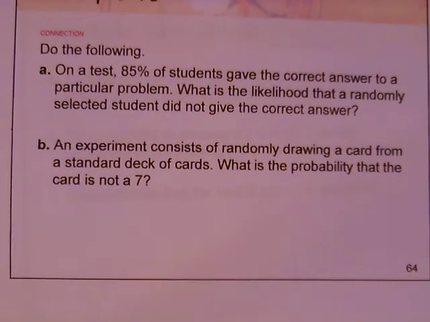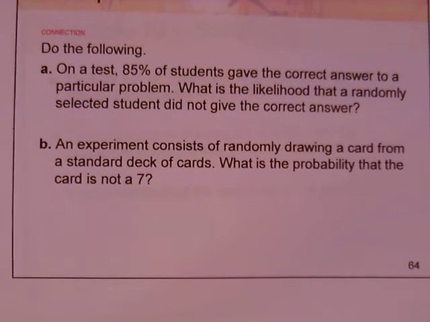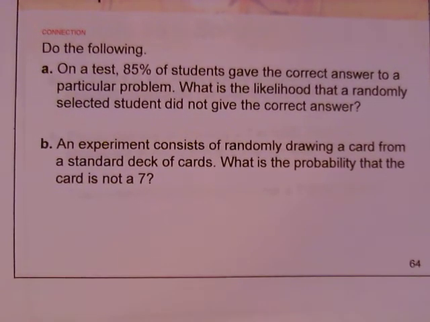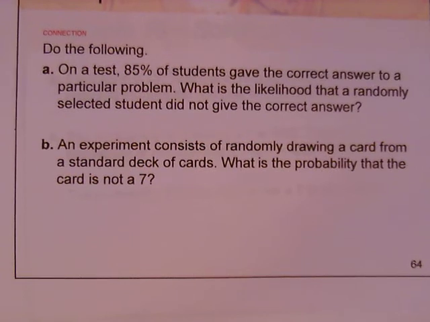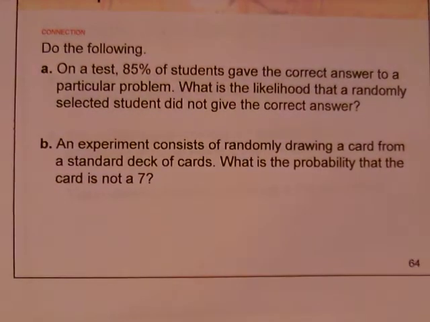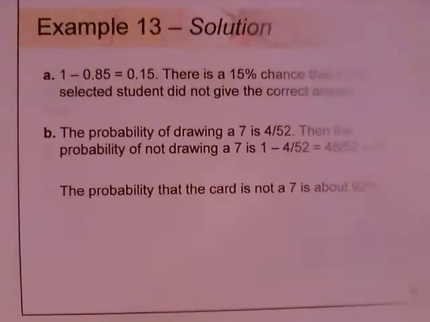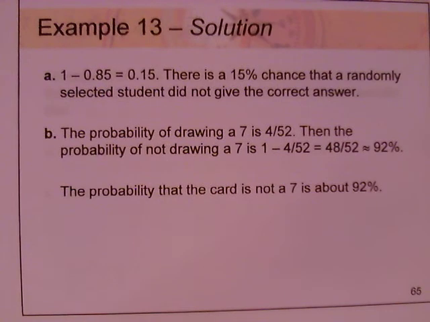In part B, an experiment consists of randomly drawing a card from a standard deck of cards. What is the probability that the card is not a 7? Here's the answer to part B. The probability of drawing a 7 is 4 over 52, since there are only 4 sevens in a deck of 52 playing cards.